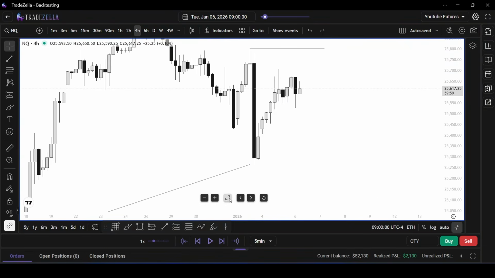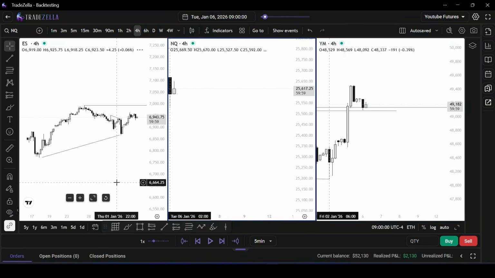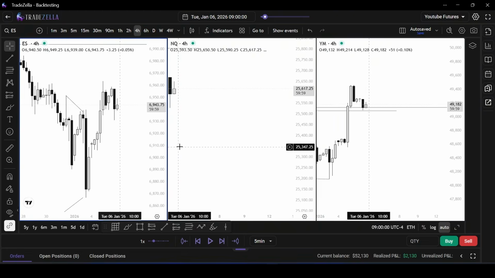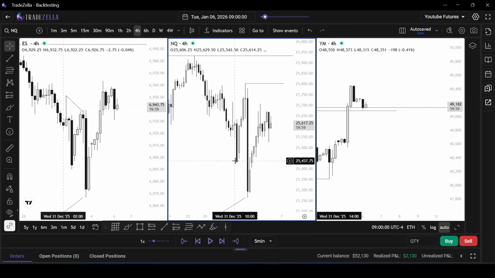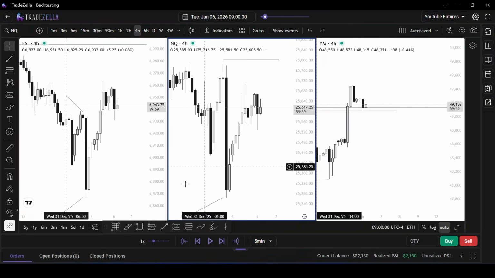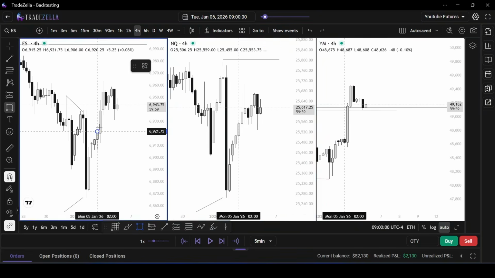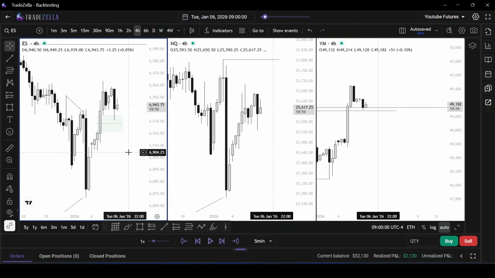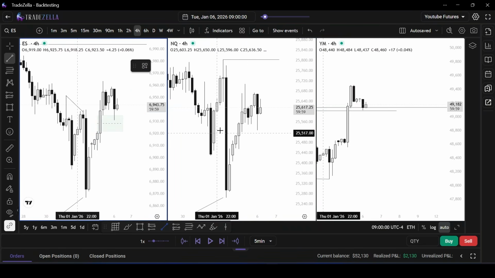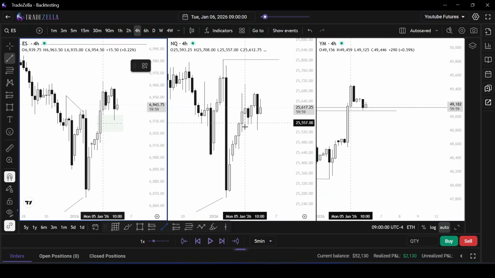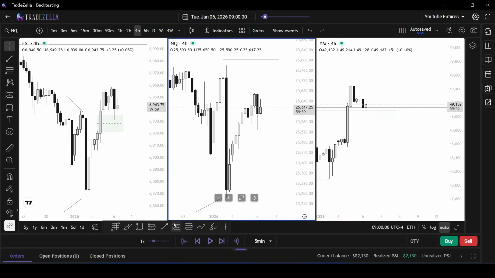Let the New York candle form already. Let me see what we have here. We have this fair value gap here. And do we have an SMT there? There's literally no SMT there.